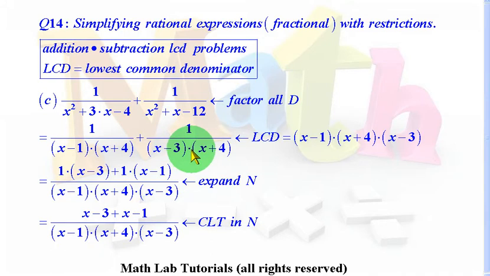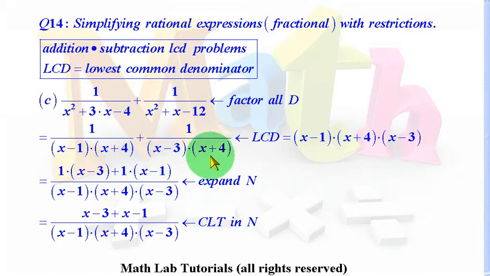And the idea now, after we've done the factoring, is to identify what the lowest common denominator, the LCD, is. Well, we know we need an x minus 1 because it appears there. We also know we need an x plus 4 because it appears there. Notice that we need an x minus 3 because it appears in the second cluster.